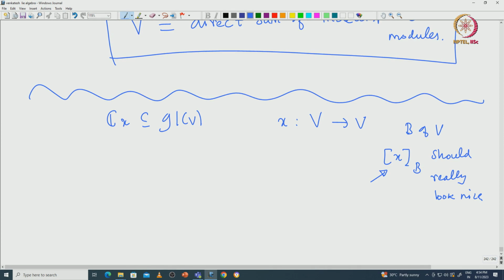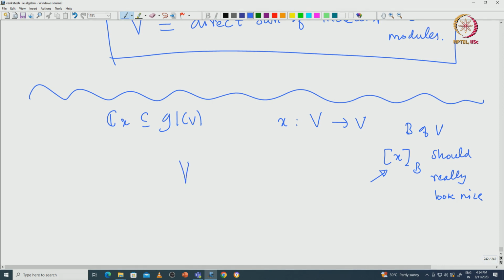That is giving you some basis. With respect to that basis, the matrix of this x looks like an upper triangular matrix. Not only is it an upper triangular matrix, from a computational point of view it has a large number of zeros in it. So, you are interested in finding such a basis. How are you going to find such a basis?